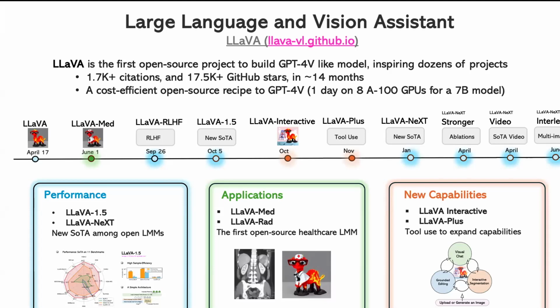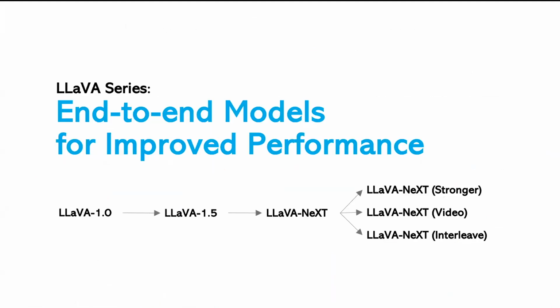But in this presentation, I will only focus on the first category, which is trying to push the performance limit using open source resources. So this is the roadmap. First talk about Lava 1.5 quickly, and then introduce some of the recent development in the category of Lava Next.